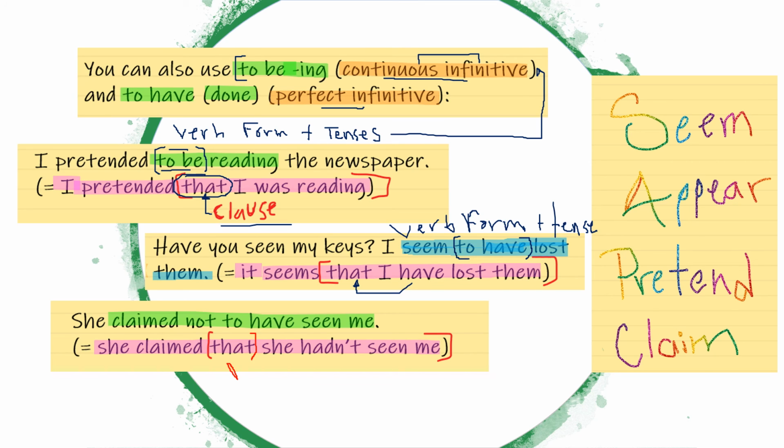So you are combining with the past perfect. But in this case, this is not a combination between the verb form and a tense. You are using only a clause like that. Don't get confused. Little by little, you're going to be working with this, right? Let's continue.